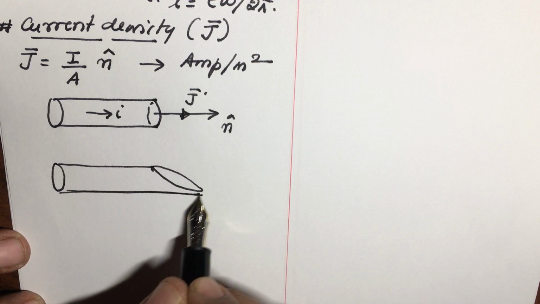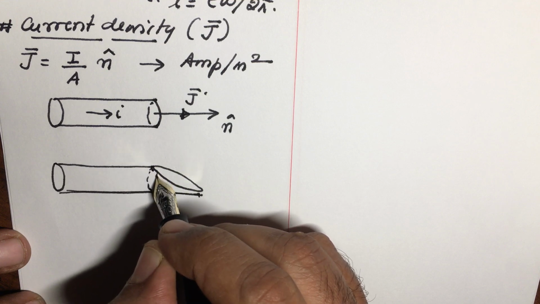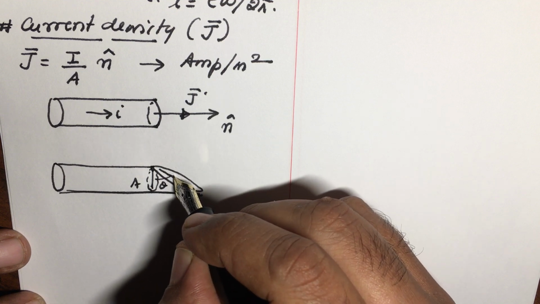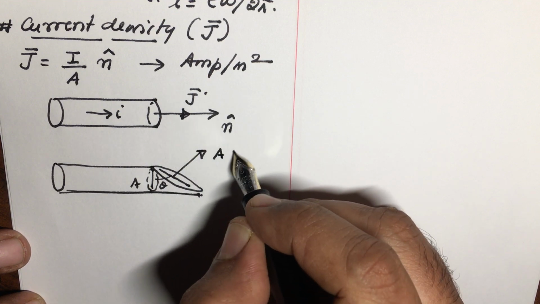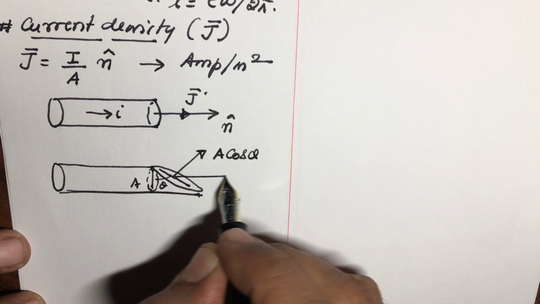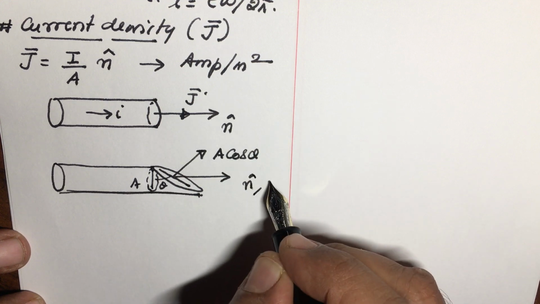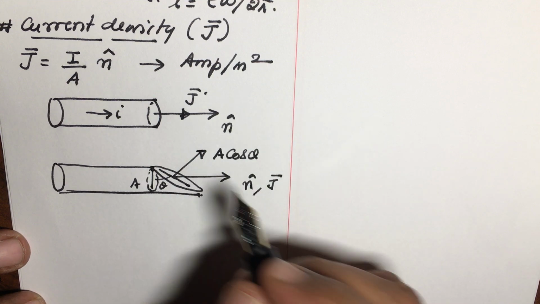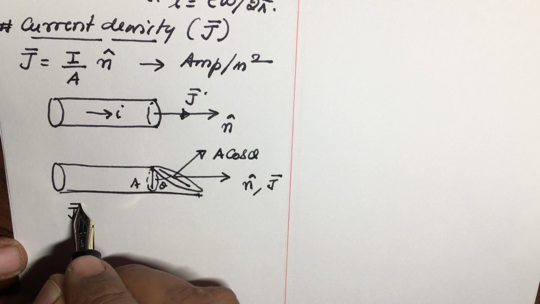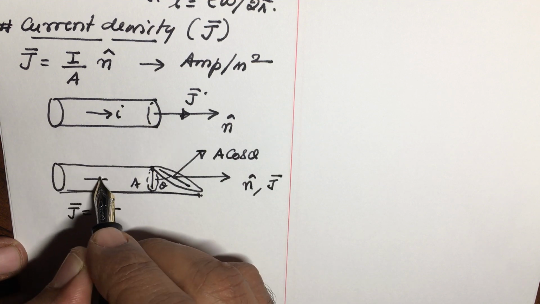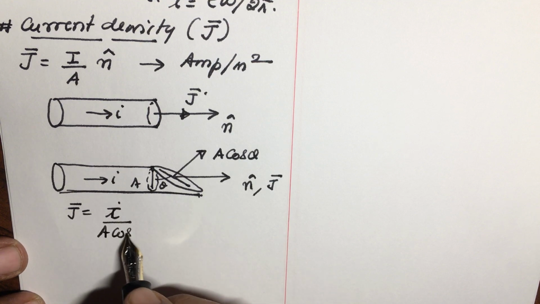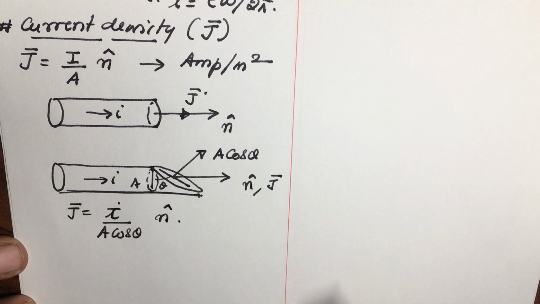So now if you consider this as A and that angle is theta, then obviously that would be A cos theta, and that would be your n cap or your J vector. So now the area of cross section is not A, it is A cos theta. So you can now write J vector as a current, which is I only, I upon A cos theta n cap. Great.